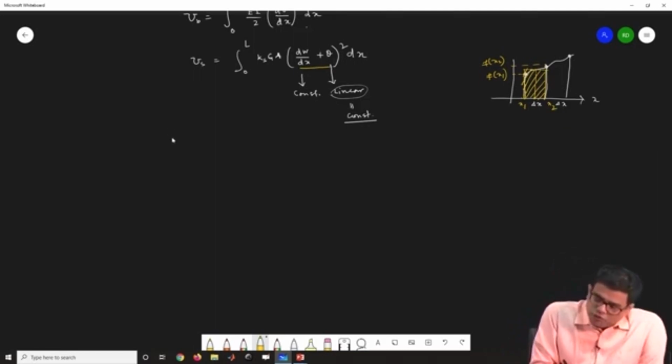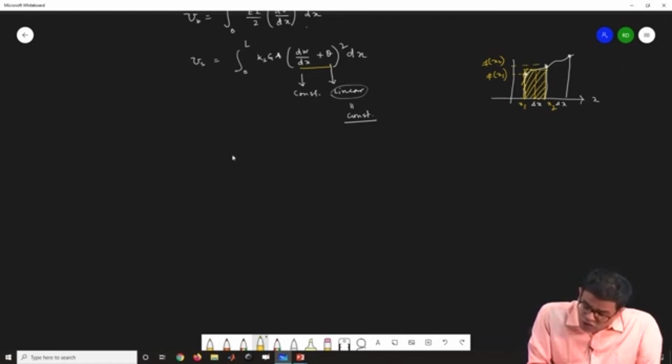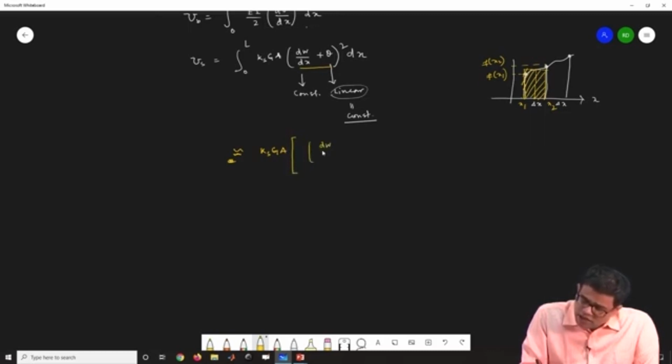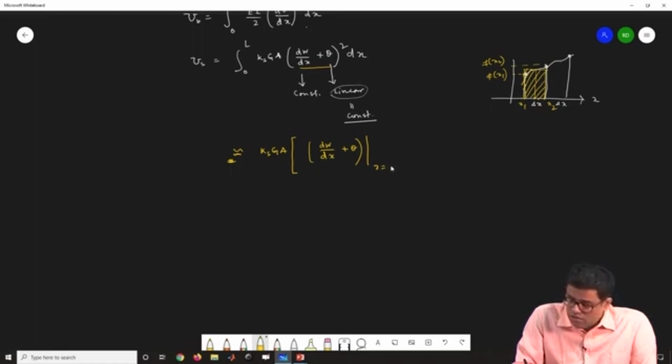So for instance, let us see what happens if I choose the midpoint rule in evaluating this equation. I will write an approximation for this. If I take KsGA as constant, then it is KsGA times dw by dx plus theta, evaluated at x equals L by 2, which is my midpoint rule.